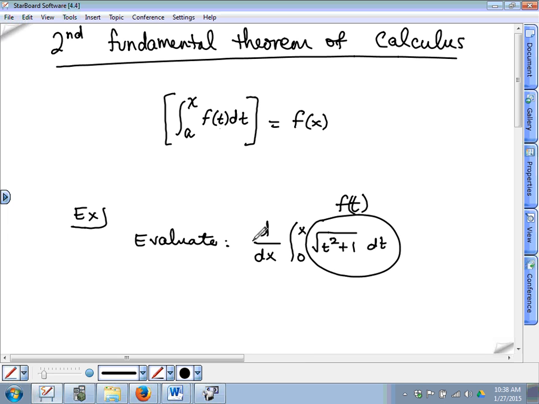What happens if you take the derivative of the integral of f of t from a constant to x? The function pretty much stays the same except the t becomes x. So all it's going to equal is the square root of x squared plus 1.